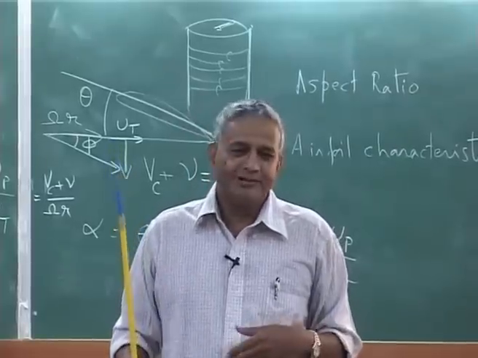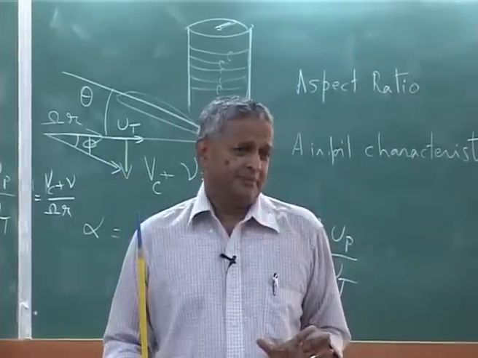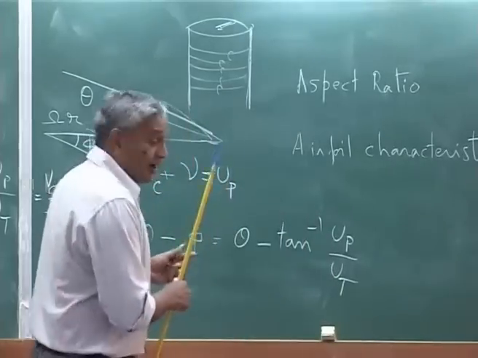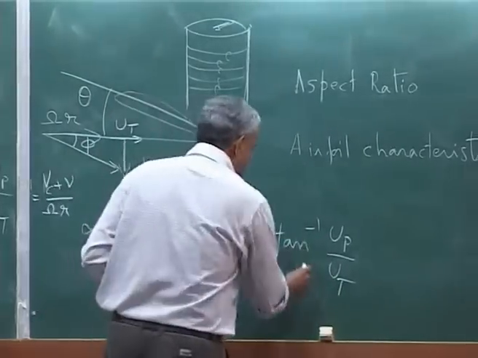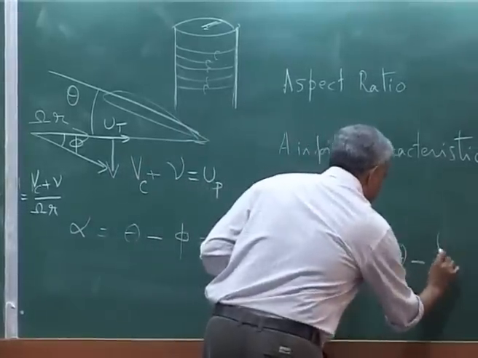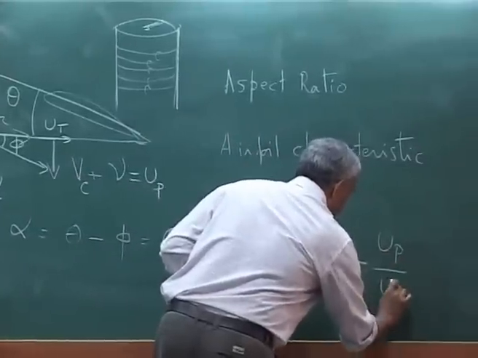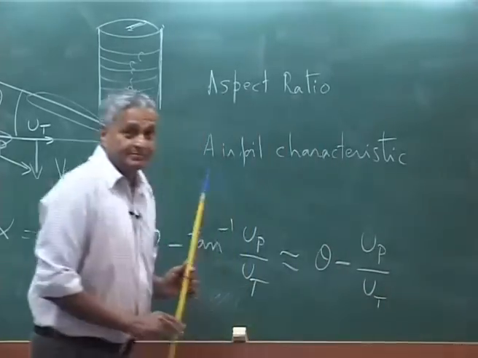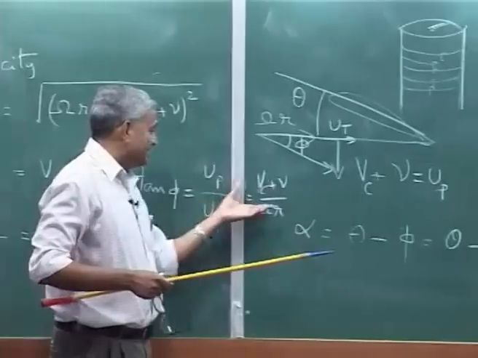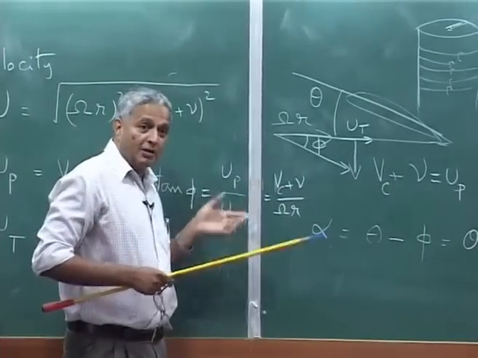Therefore, you make an error, but you say it is all right, I accept that error. So, I represent this with tan inverse, because I assume this angle is small.